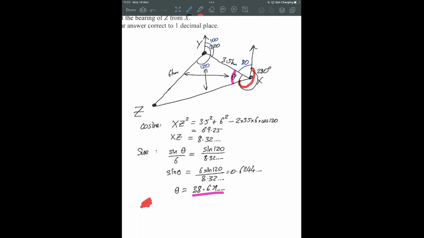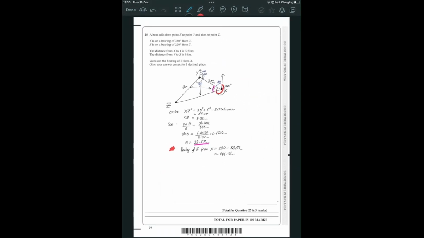I've worked out that inside bit was the 38, so that red bearing of Z from X is going to be the 280 minus the thing we've just worked out. 280 minus answer gives 241.36. And of course, a bearing we write as 3 figures, rounded to the nearest degree, 241. That is the end of the paper.